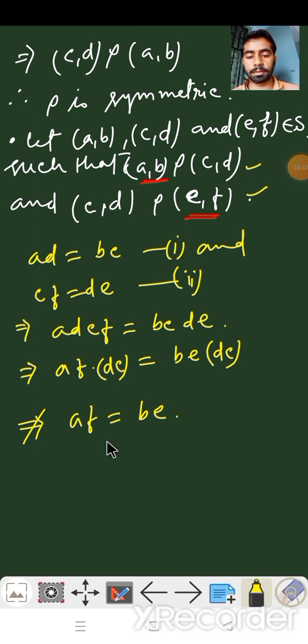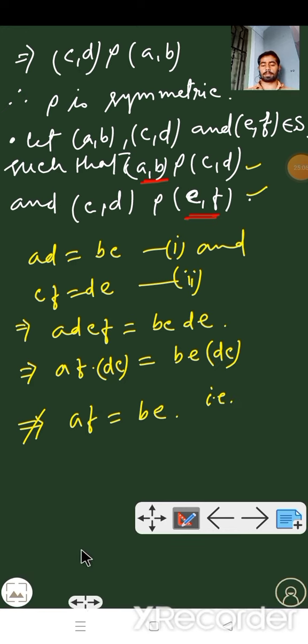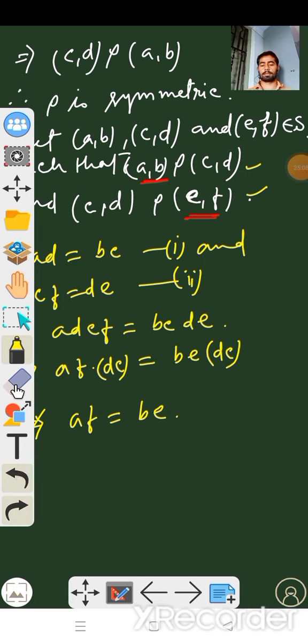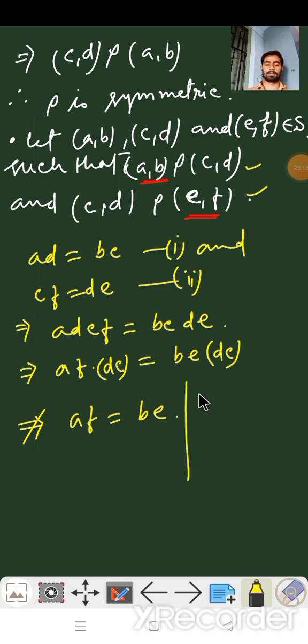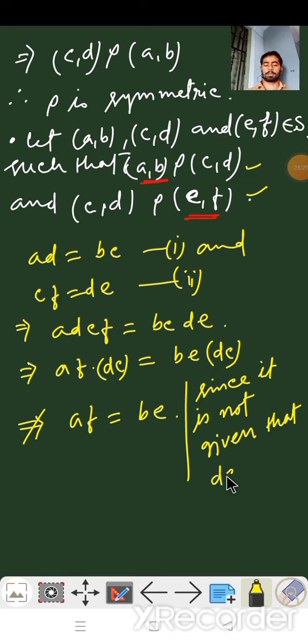So this will not imply that AF equals BE. It is not given that DC is non-zero, so we cannot cancel out DC.